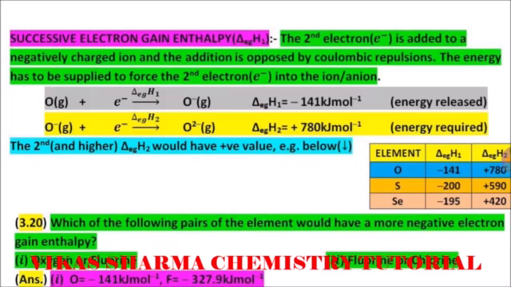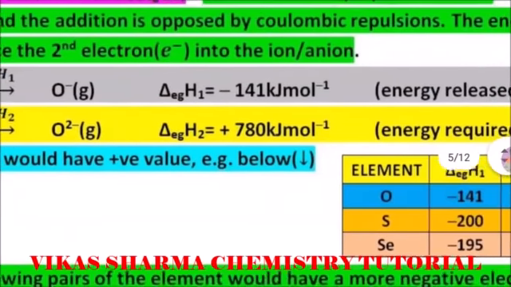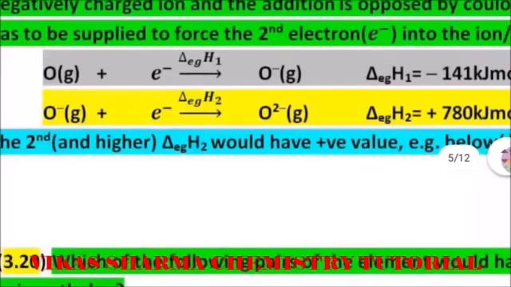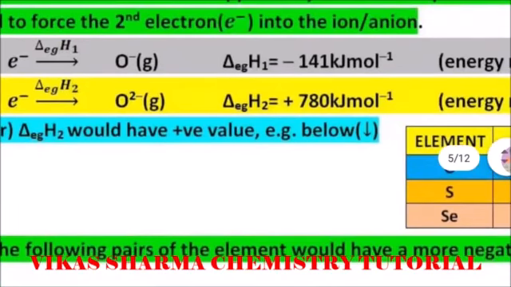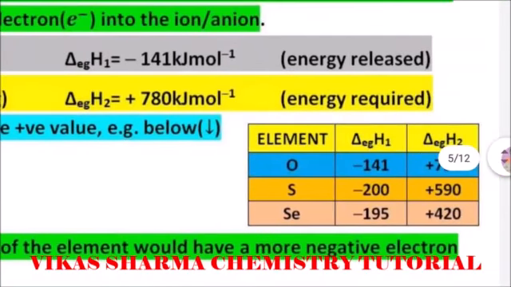For example, oxygen, when one electron is gained, becomes the oxide ion, a monovalent anion. So delta EgH1 is minus 141 kilojoule per mole. But when the monovalent anion accepts another electron and becomes O2 negative, delta EgH2 is 780 kilojoule per mole.